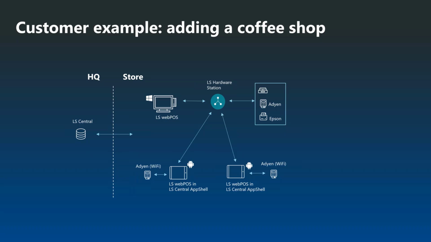But in this copy shop corner, there was also a stationary Windows device running the webPOS, and on that stationary device, there was a hardware station. And to that was connected a printer, a drawer, and also a locally connected pin pad. So in this case, the tablets used the Wi-Fi connected pads to handle the payments, but the printing was through the hardware station on that stationary device.